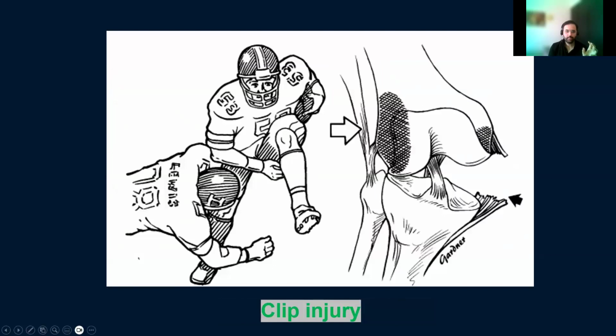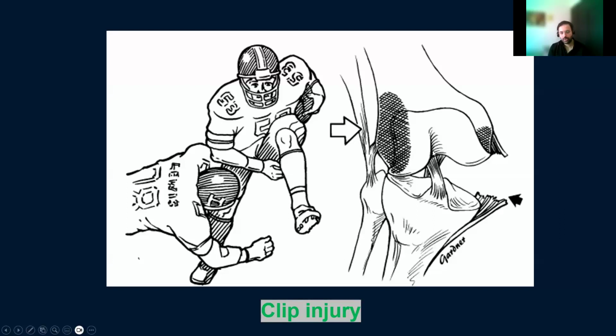Now, what's a clip injury? A clip injury is a contact sport injury. Sometimes they might tell you it's a rugby player or an American football player, and he gets tackled, and then he has this typical marrow edema. Somebody is tackling from the lateral aspect, so the trauma is going to be more on this side. So you're going to have major bone marrow edema on the lateral femoral condyle, to a lesser extent on the medial femoral condyle.